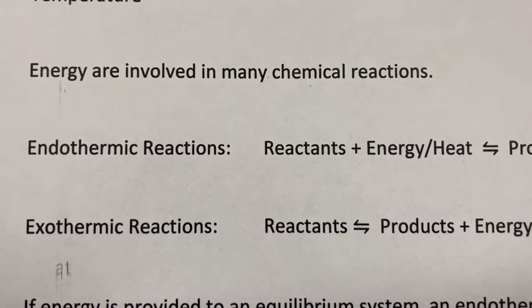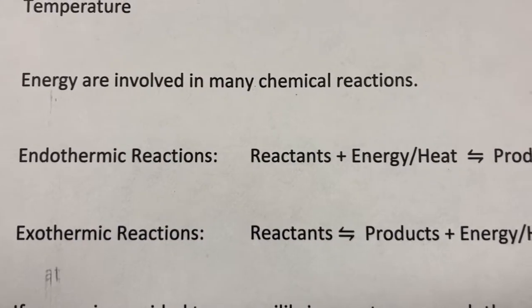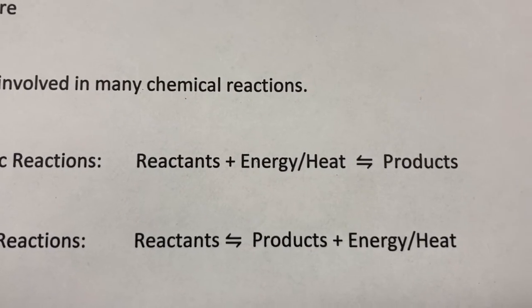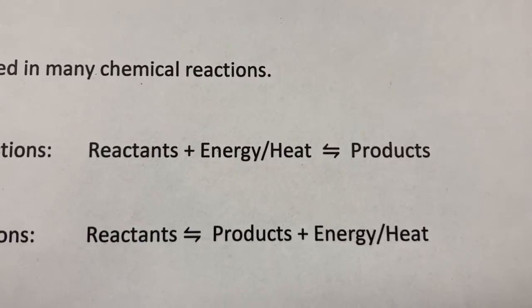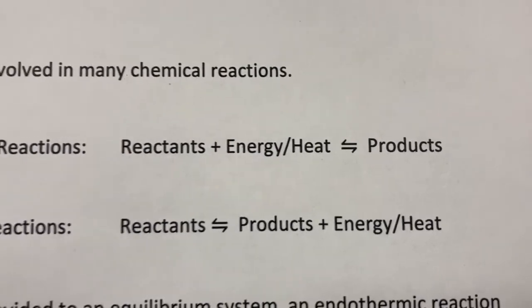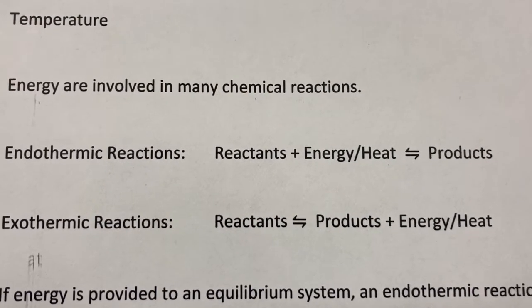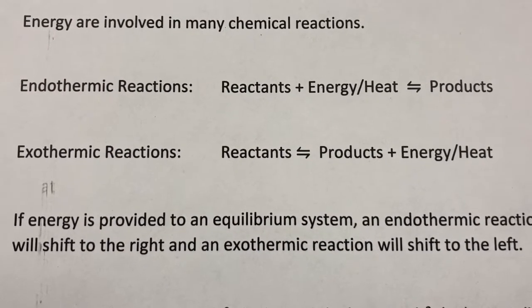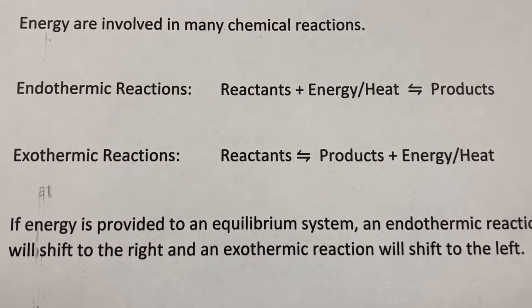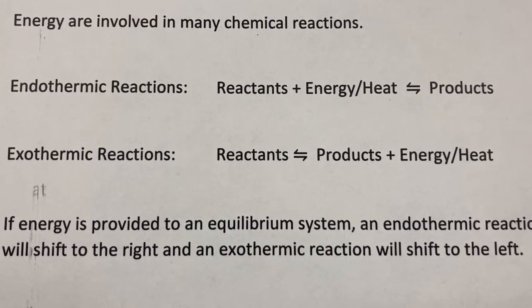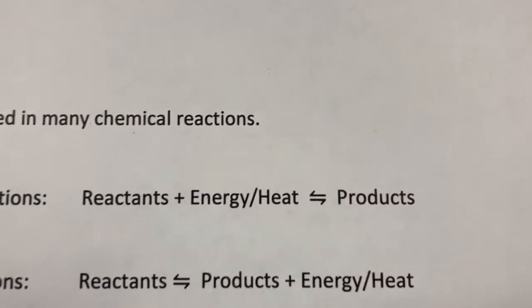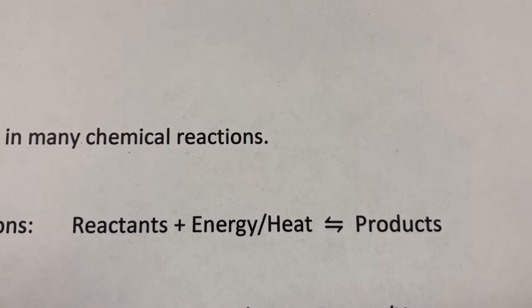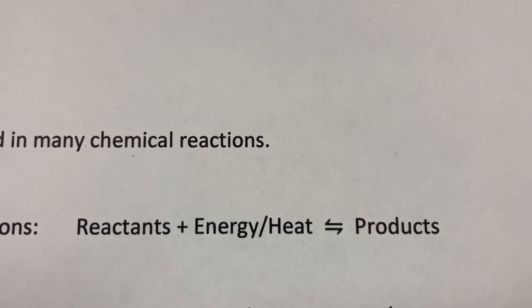An exothermic reaction is a reaction where energy is released or produced. We can consider energy as a product of the reaction. Therefore, if energy is provided to an equilibrium system, it looks like you're adding a reactant for an endothermic reaction.